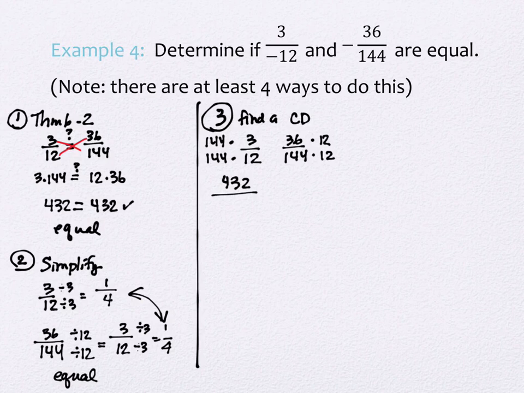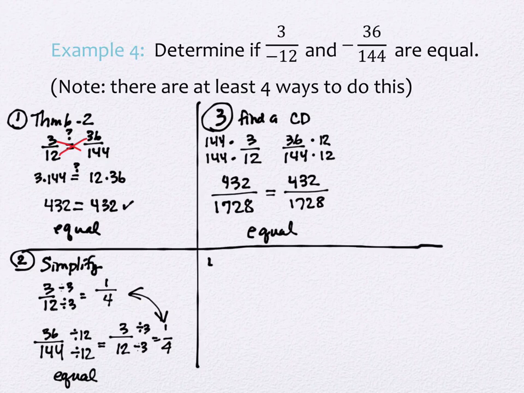What is 144 times 12? 1,728. How about 36 times 12? 432. And then I know I have the same denominator because it's the same numbers the other one was. And of course they're the same, right? So since they're the same at the end, they were equivalent at the beginning. So these are equal. It's the common denominator approach.